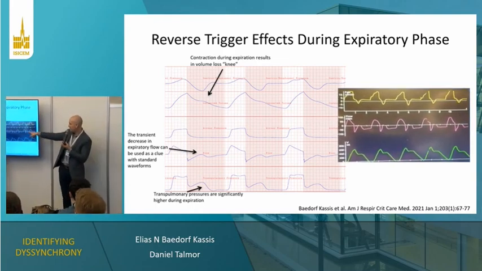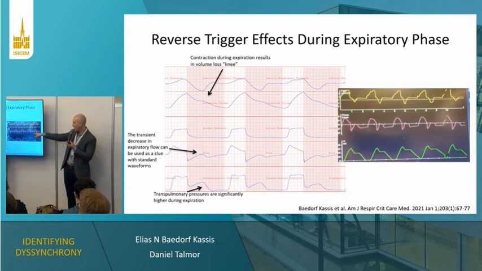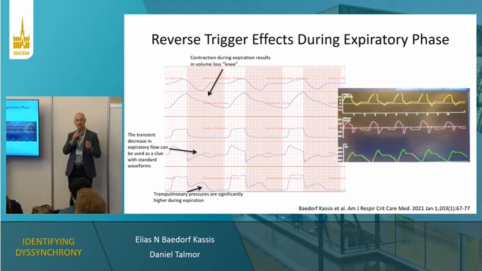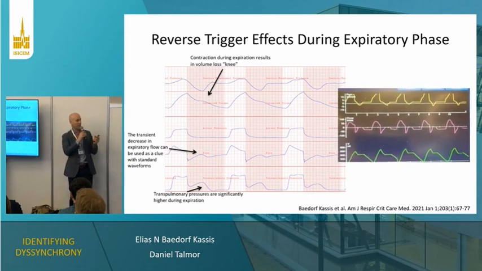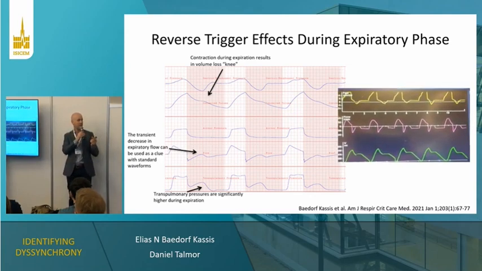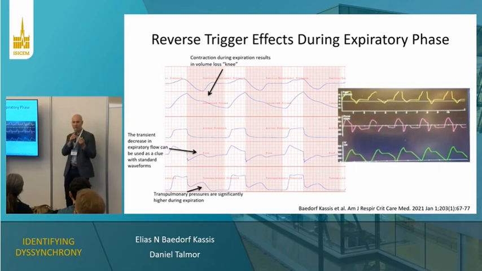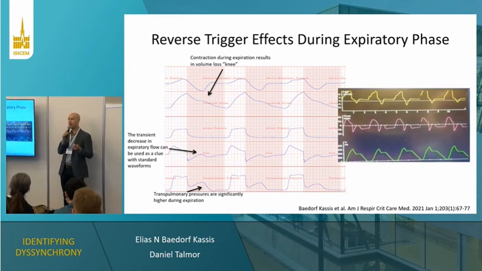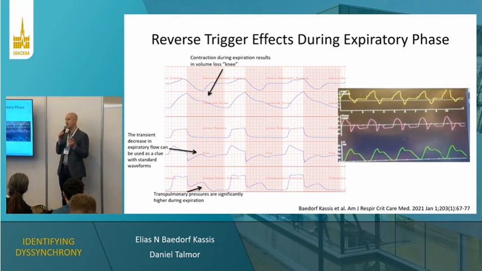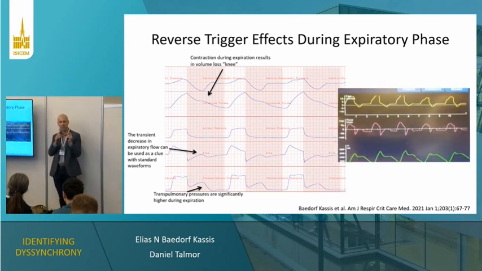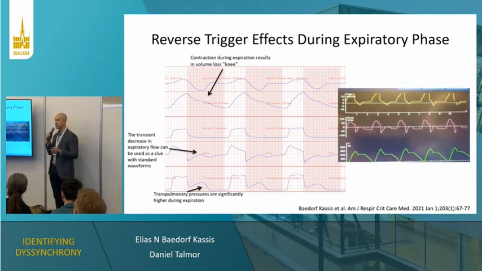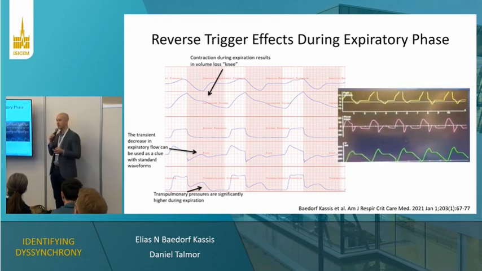And you can see on the waveform here that the flow actually is completely stopped during exhalation. That's how strong that reverse triggered contraction actually is. If it was a little bit stronger, or maybe had different timing, that might be strong enough to trigger a stacked breath too. But in this case, it's just right below that threshold. And so reverse triggering during exhalation can be much easier to detect than during inspiration.